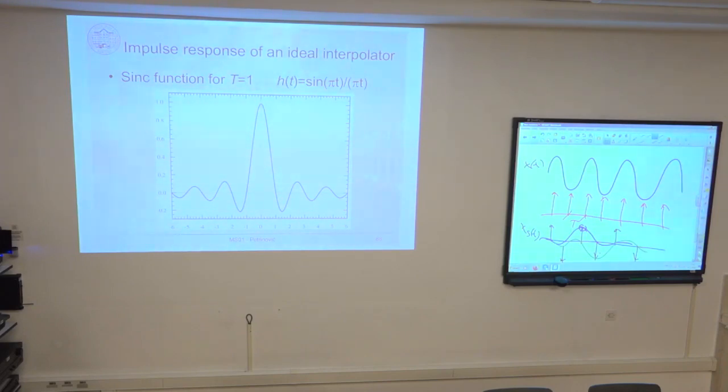Otherwise, this part of the impulse response asks for samples that are still to come. They are not available at this time. They will be available in 10 samples, 100 samples, whatever. So this part of the impulse response is the non-causal part of the impulse response. And it can be implemented only by delaying the reconstruction.